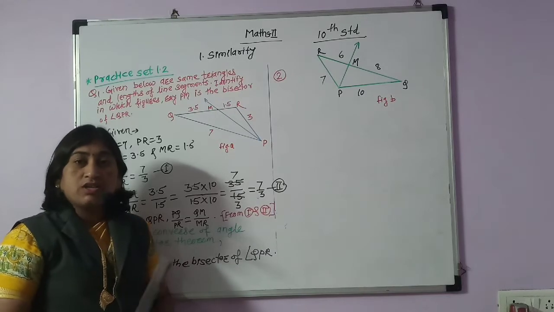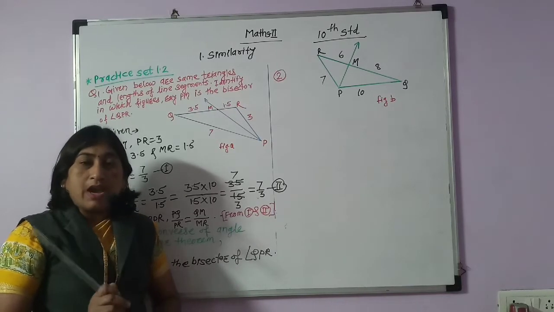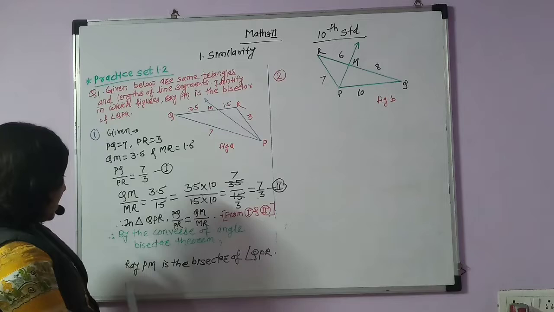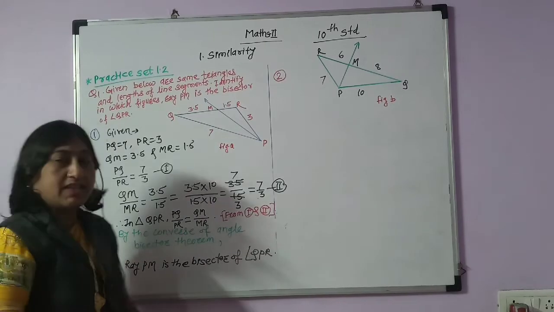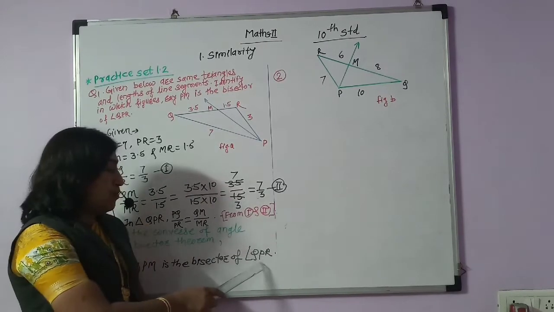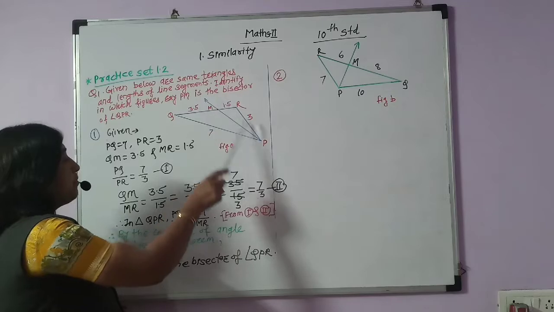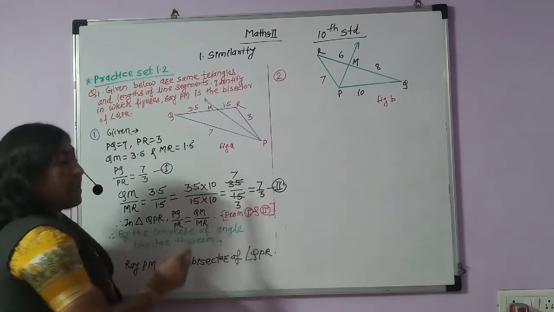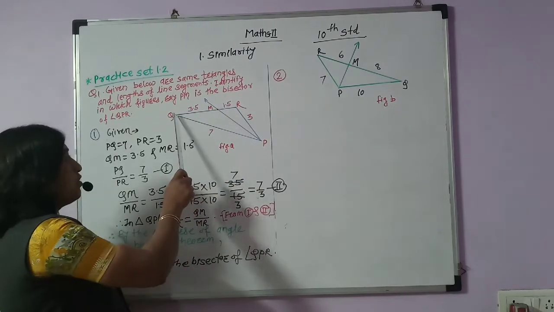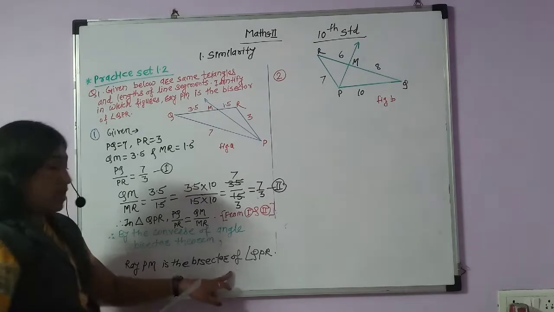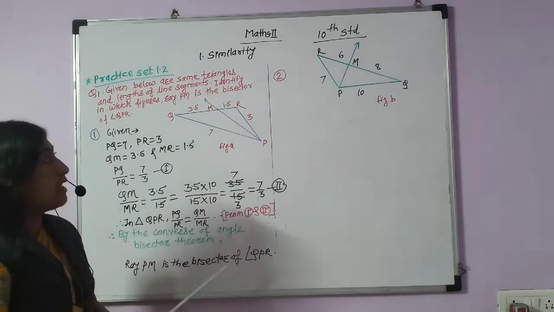Therefore by using the converse of angle bisector theorem, we can write here ray PM is the bisector of angle QPR. Understood?